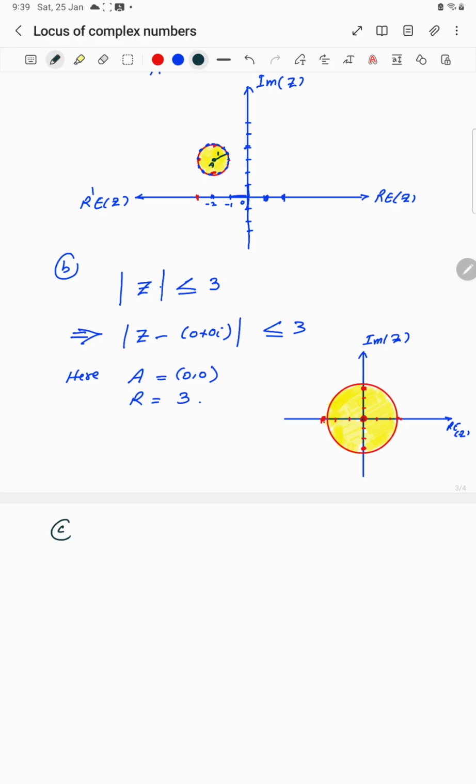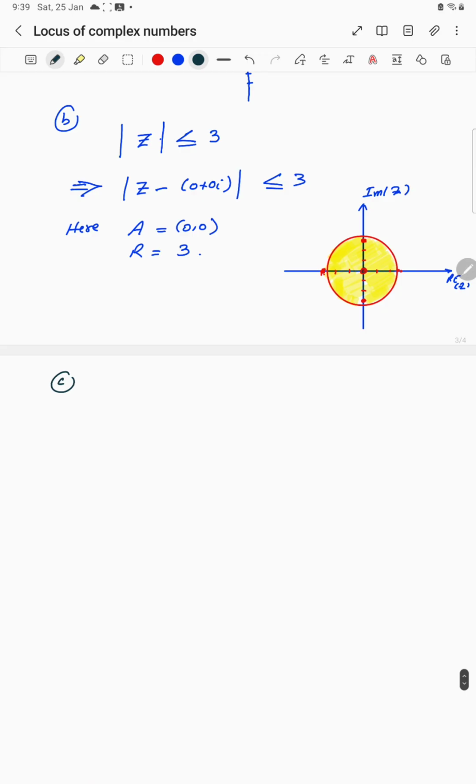Suppose we have a question like this: |z - 2i| less than or equal to 1, or instead, if you put it greater than or equal to 1.